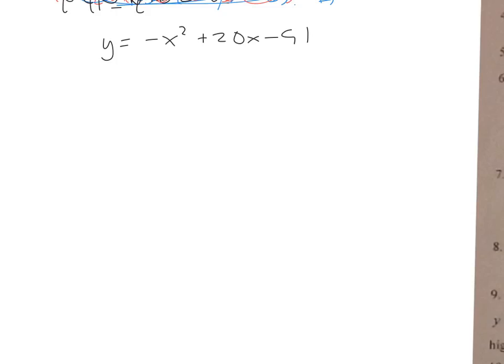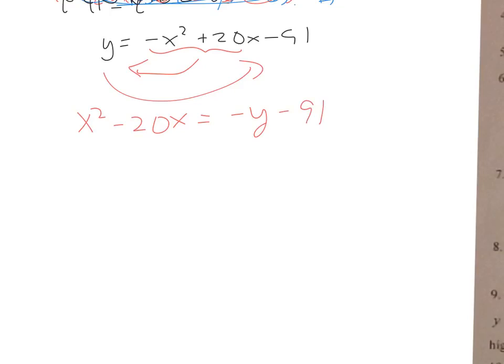I want to group the x's, which are already grouped, and move the constant to the other side. So actually what I'm going to do is move this to the other side so I can get my x squared to be positive, and then I'll move the y over there. So I get x squared minus 20x equals negative y minus 91.